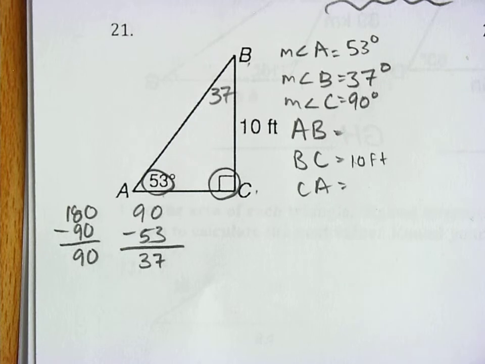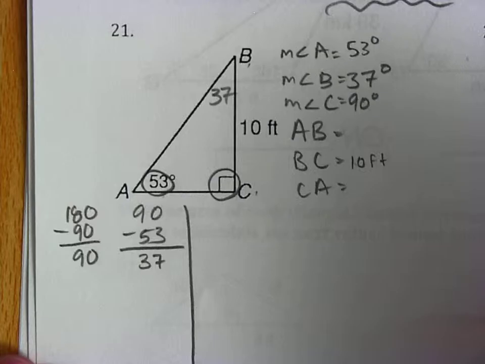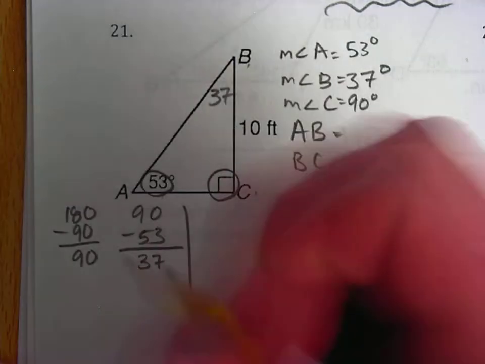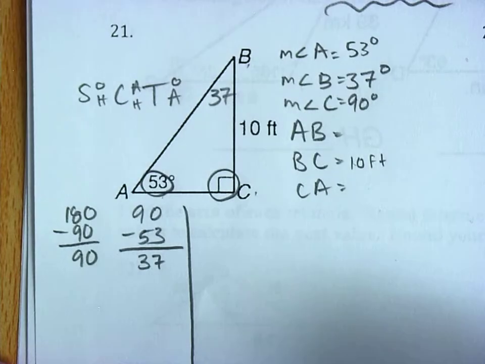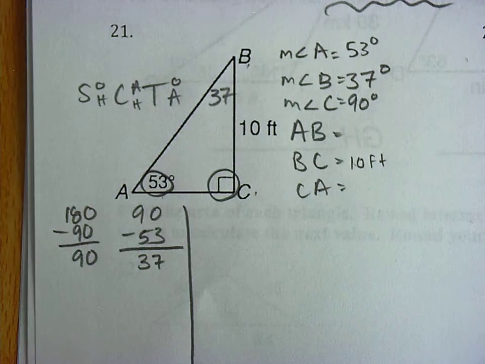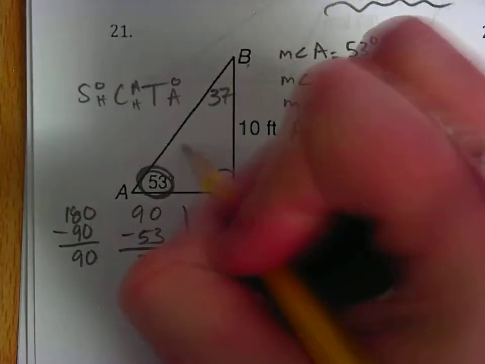Now once we've done that, we need to go back and start the real trigonometry work. So now we're going to use SOHCAHTOA to find the side lengths. And remember, we're always going to start with and use what they give us. So here's 53.